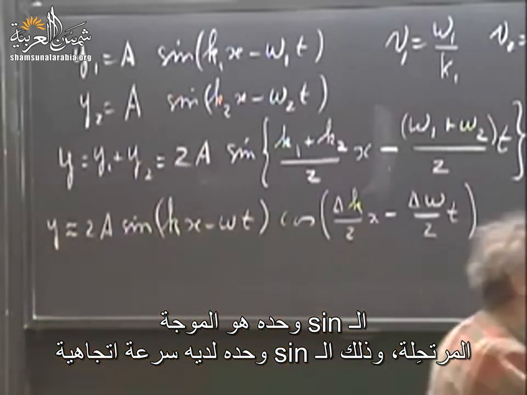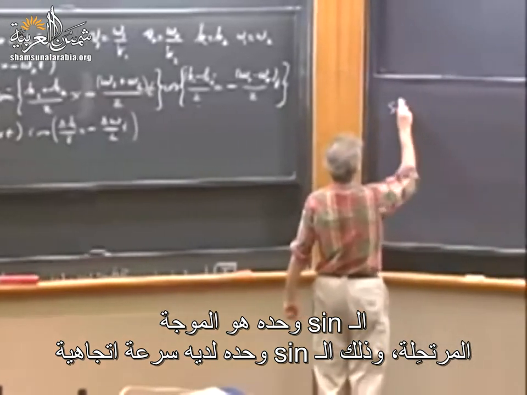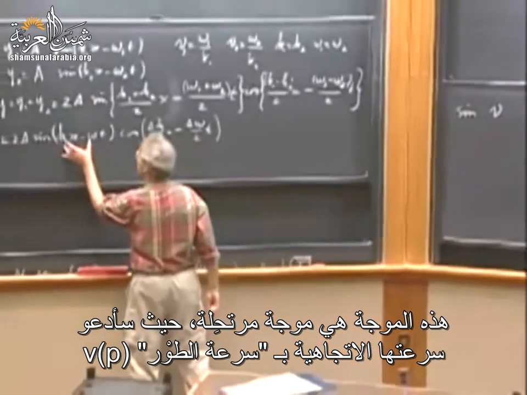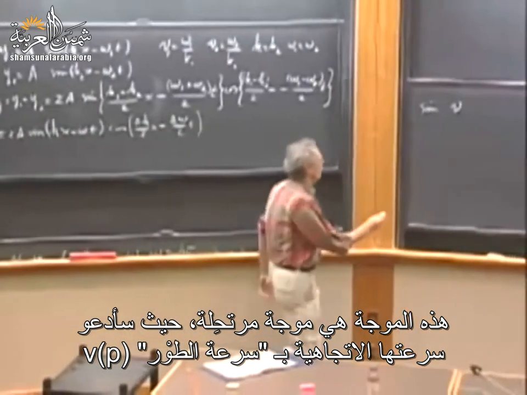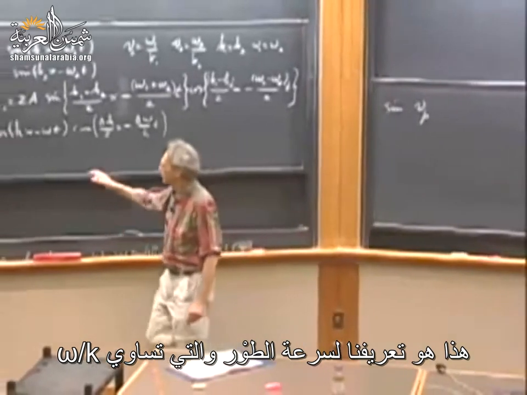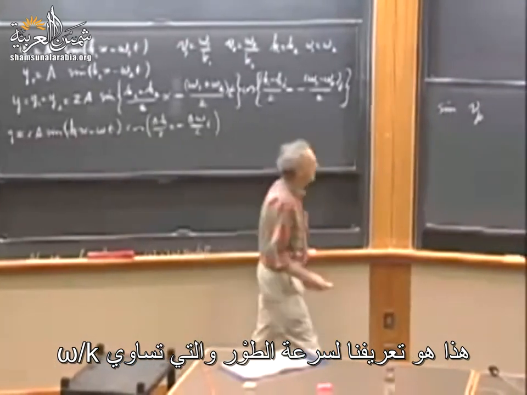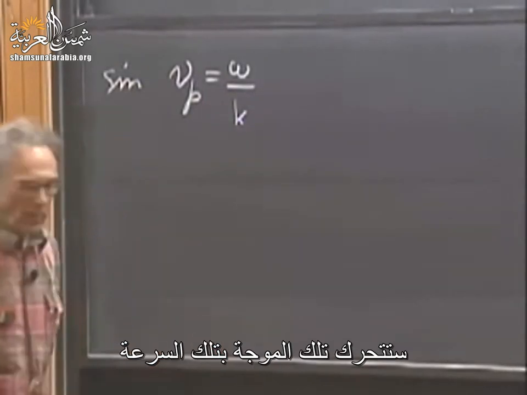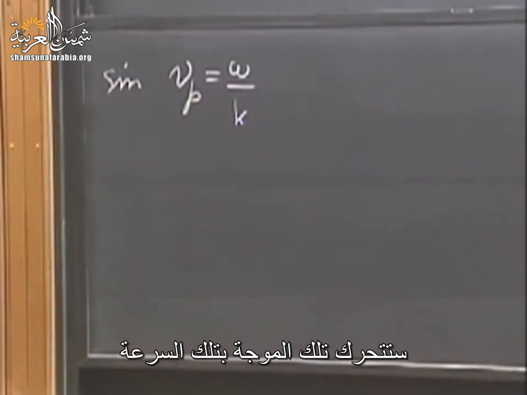And that sine alone has a velocity. This wave is a traveling wave, has a velocity which I'm going to call the phase velocity, with a p, that's our definition of phase velocity, which is omega divided by k. So when you see that wave moving, it will move with that speed.